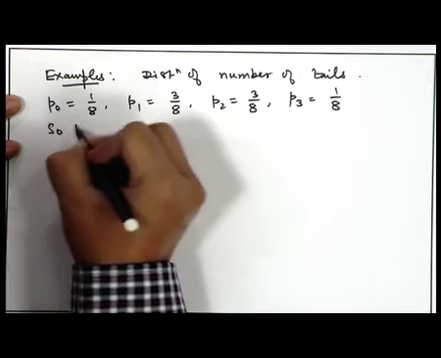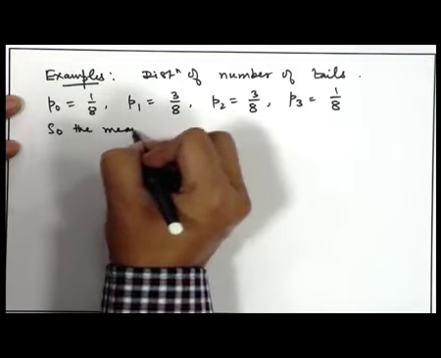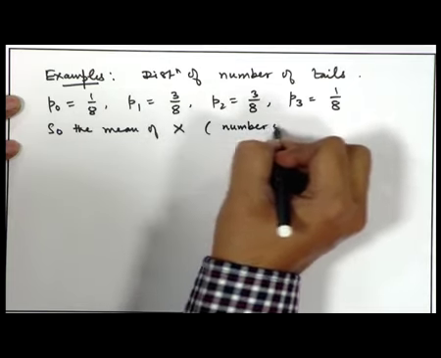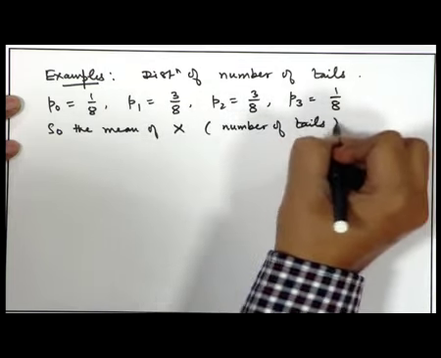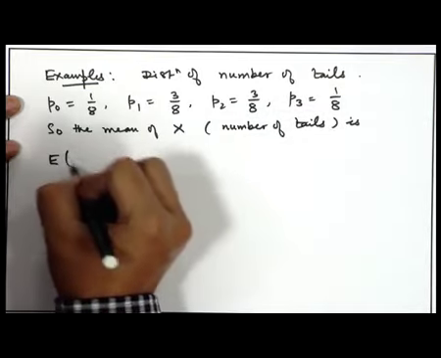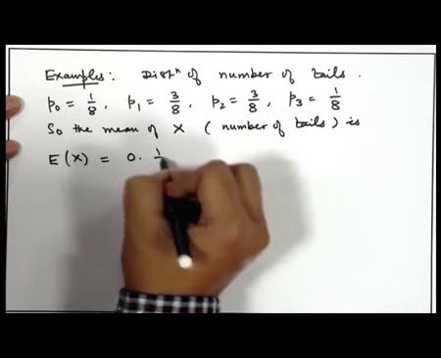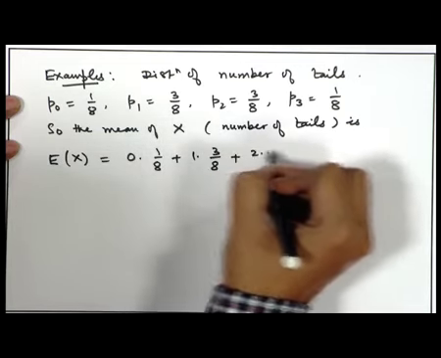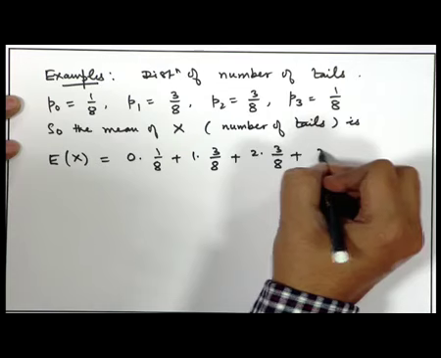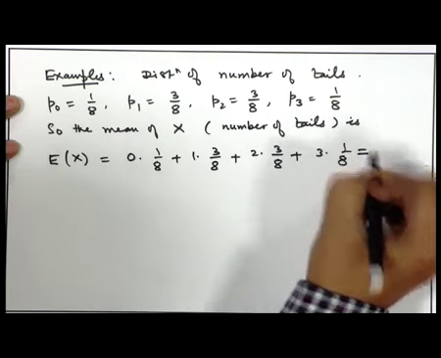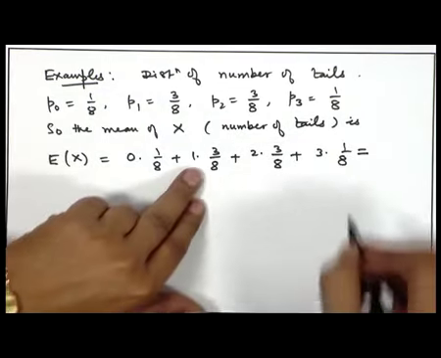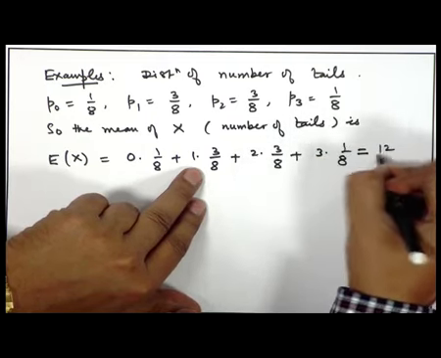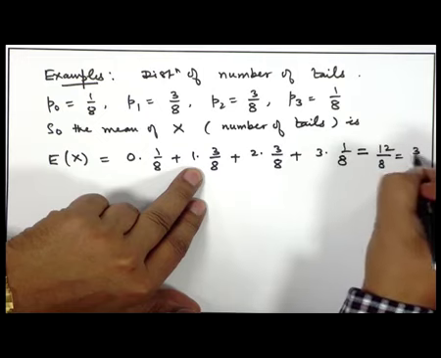So, the mean or the expected value is 0 into 1 by 8 plus 1 into 3 by 8 plus 2 into 3 by 8 plus 3 into 1 by 8, that is equal to 12 by 8, that is equal to 3 by 2.